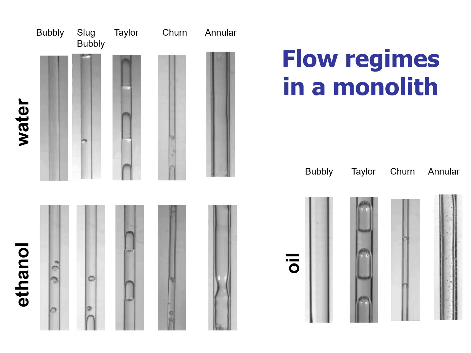It is characterized by the presence of relatively fast-moving bubbles, and the diameters are less than or equal to the diameter of the capillary. To increase the gas velocity a little bit, we obtain the slug bubbly flow. We have a slug and the bubbles.